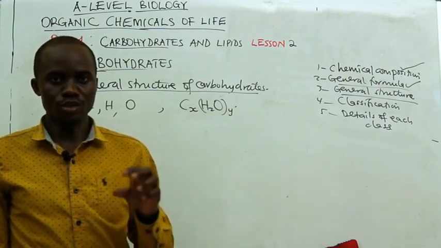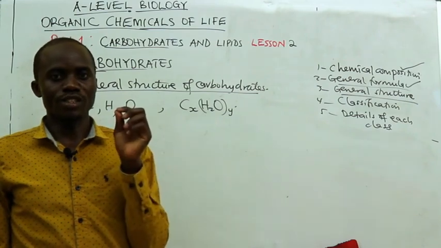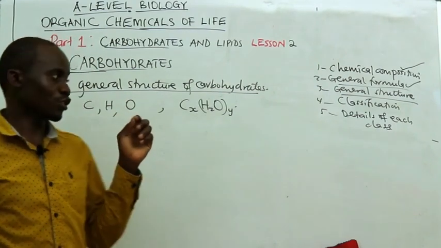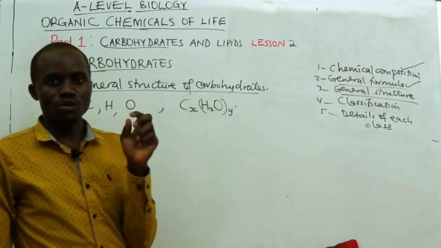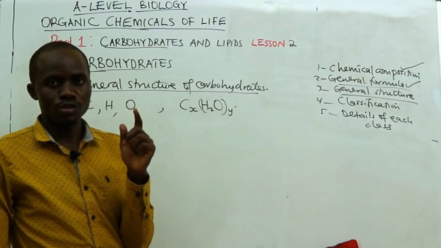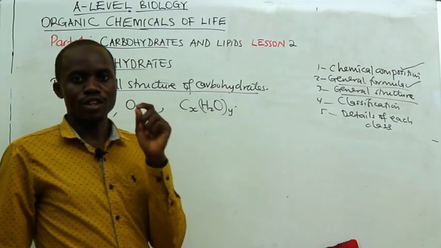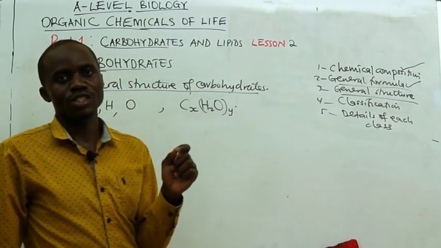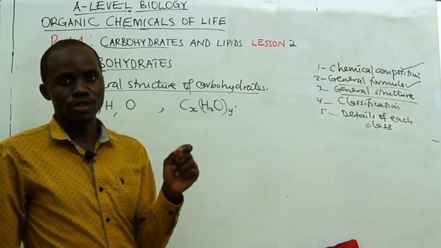In each and every structure of a carbohydrate, how are these atoms arranged? We shall always find that all except only one carbon atom, all the rest of the carbon atoms have an OH group attached to them.